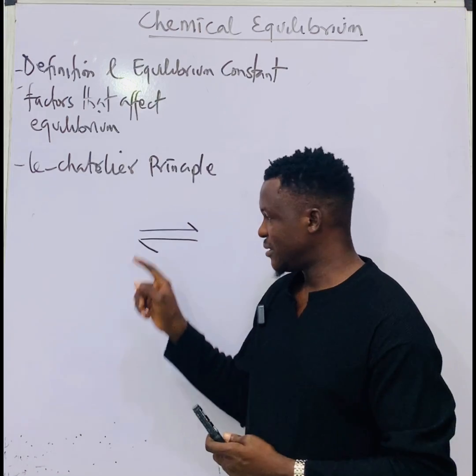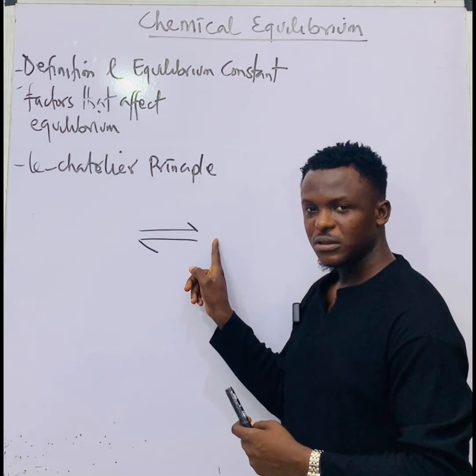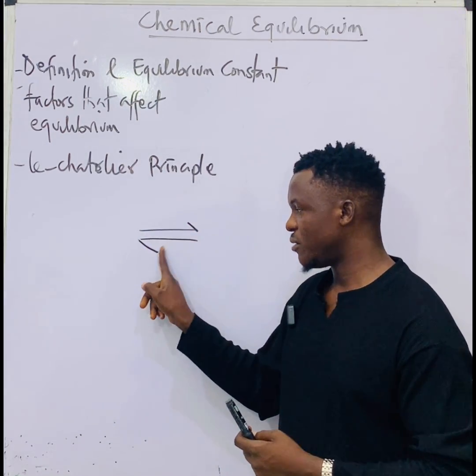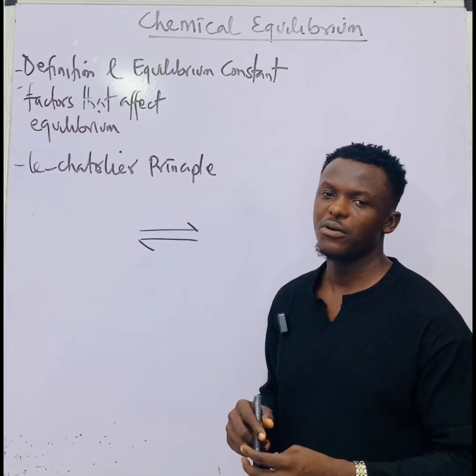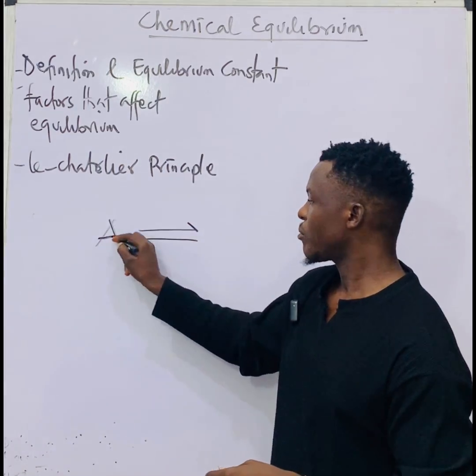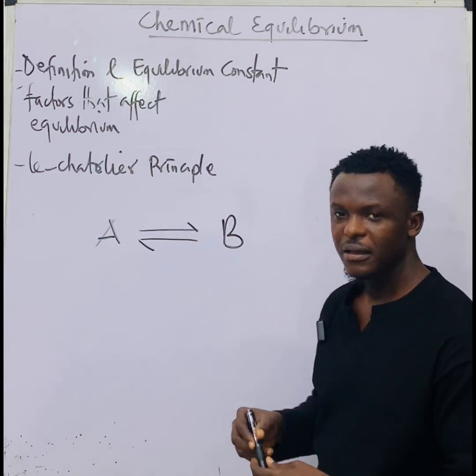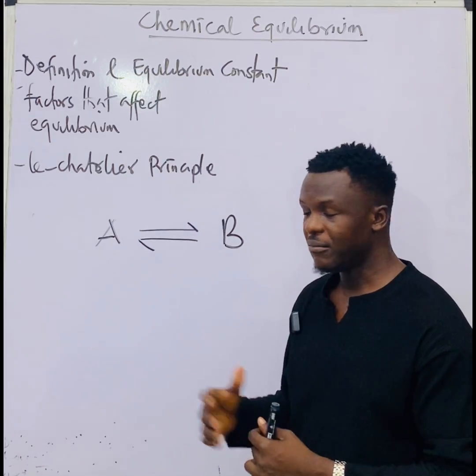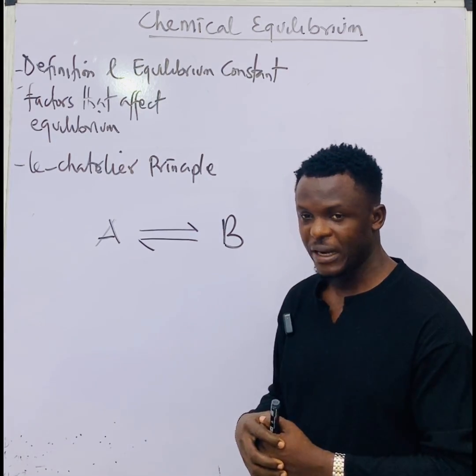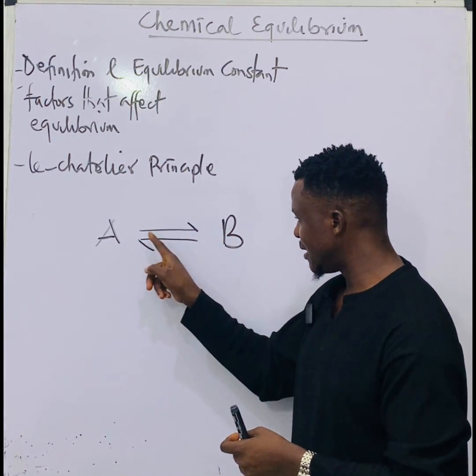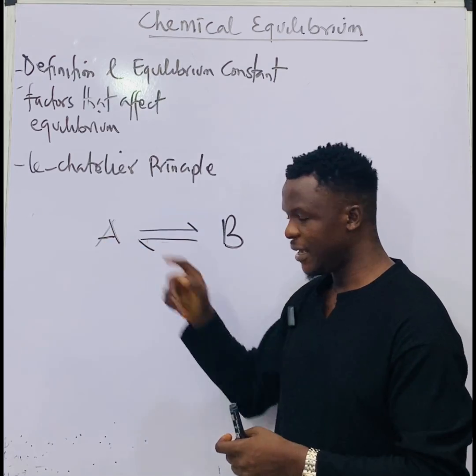This simply means that the rate at which this is going forward is equal to the rate at which this is going backward. So this is basically what we mean by reversible. If I have A in equilibrium with B, B is forming at the same rate as A.